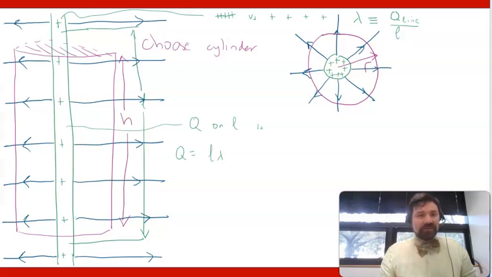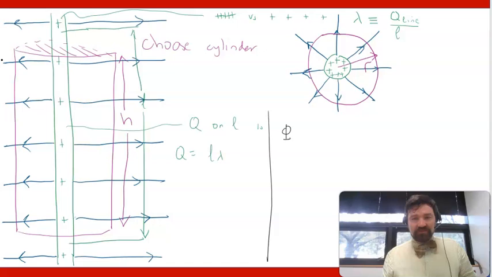So let's work Gauss's law out. I guess I'll work it in black. So Gauss's law on the one hand says that the flux from the E field must be the enclosed Q divided by epsilon naught.